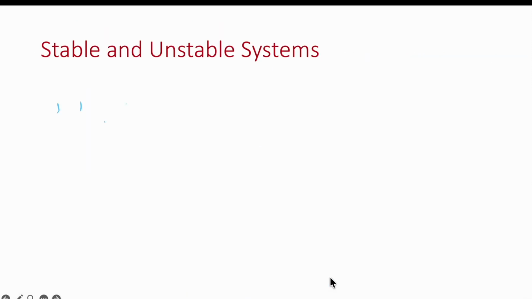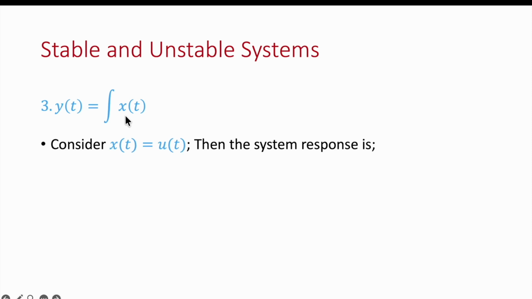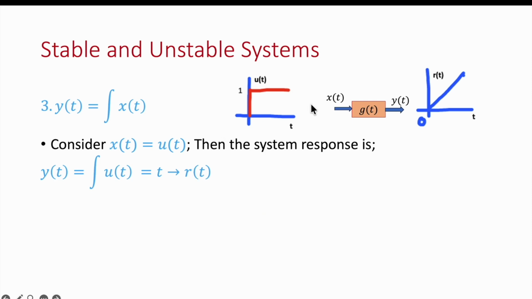The third example is y(t) = integral of x(t). Take the input x(t) as the unit step and calculate the response of the system. You will see that the integral of the unit step is equal to t, which is a ramp function, and you know a ramp function is unbounded. So when you apply a unit step as the input to this system, the output is a ramp signal, which is unbounded.